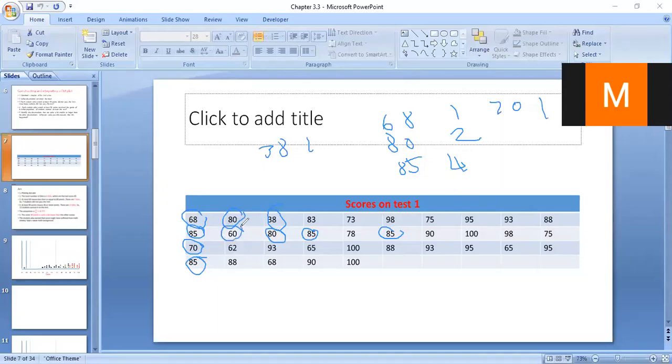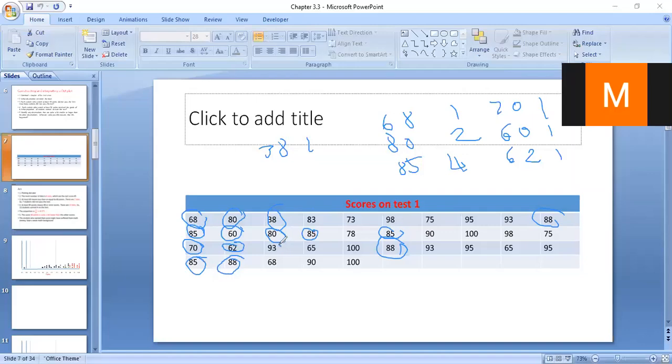Now 60, you have 1. And 62, we have 1, 2. And 88, you have 1, 2, 3. We have 3.